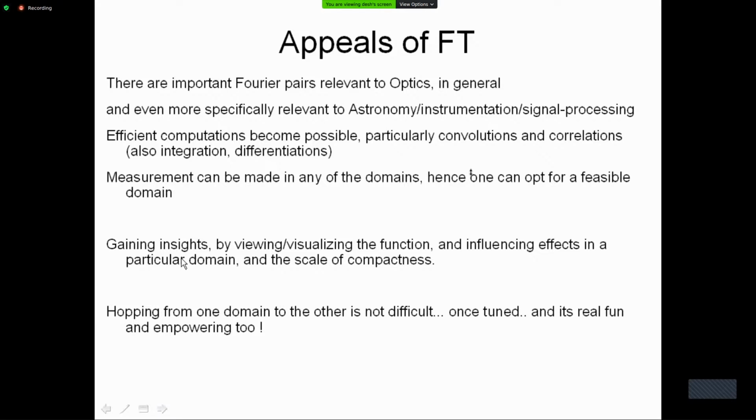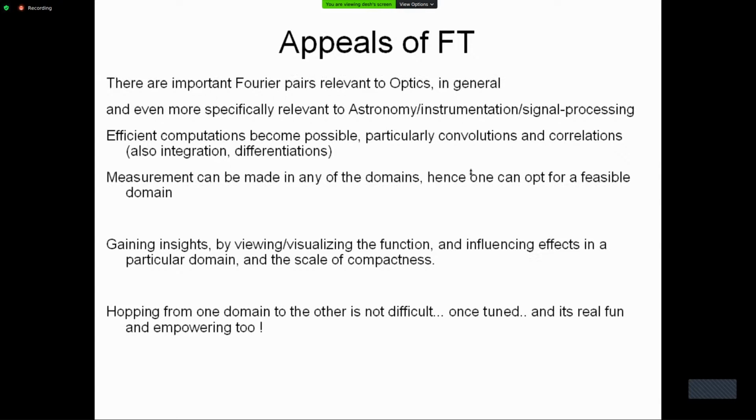It's also useful, as I said, that when you can visualize or view the function and its Fourier description, you get to know several things that won't become obvious just by looking at the function directly. Particularly, certain effects of processing or operations done in one domain might be easily visualizable in the other domain.